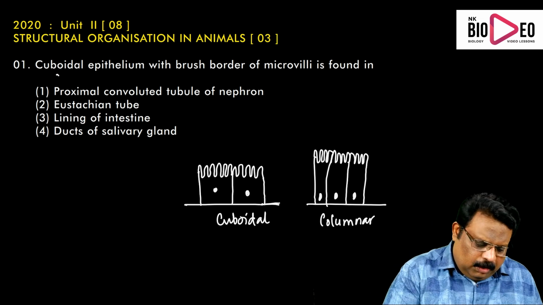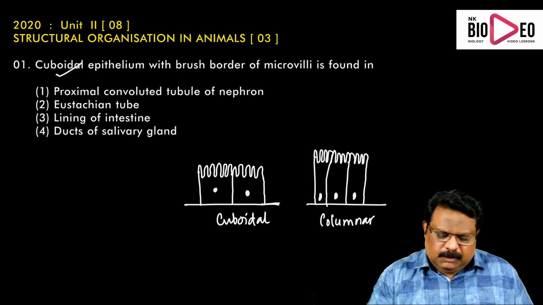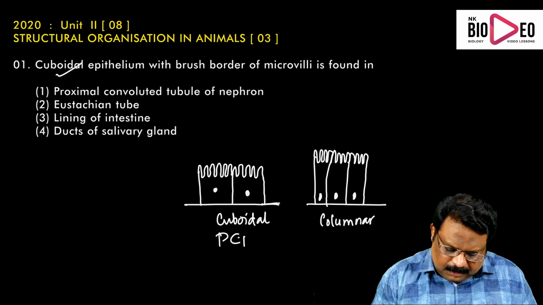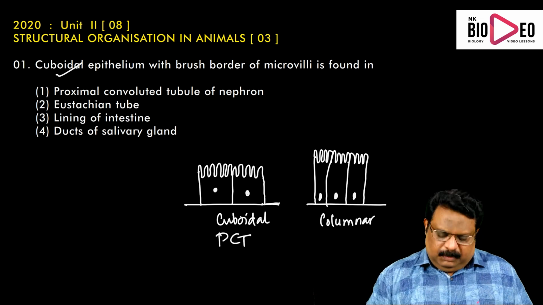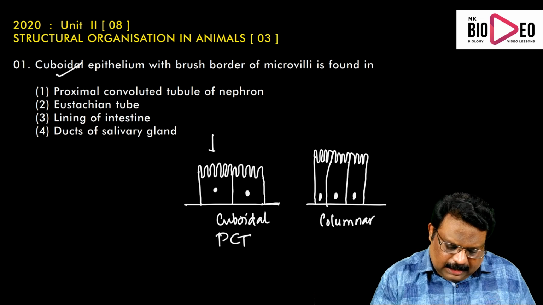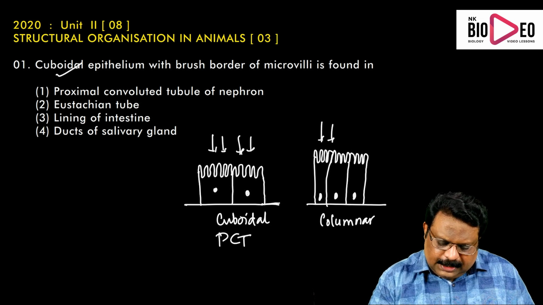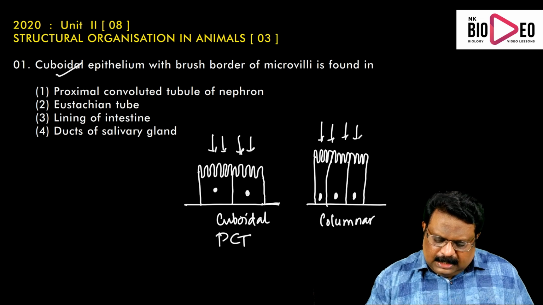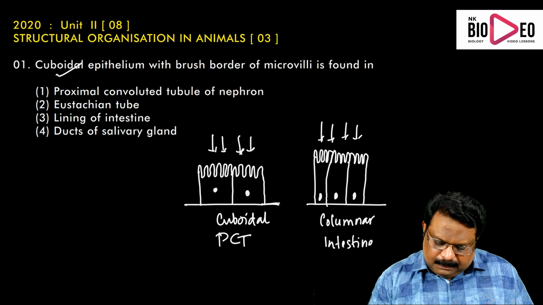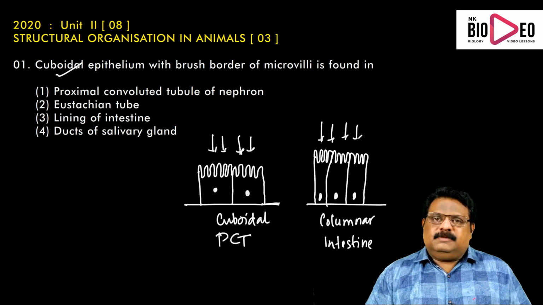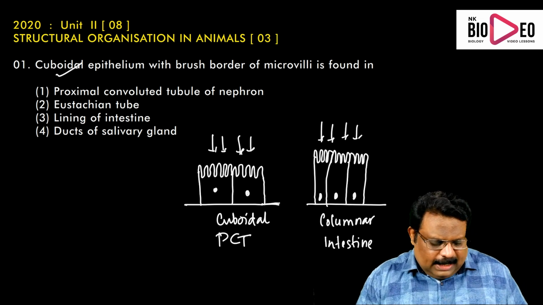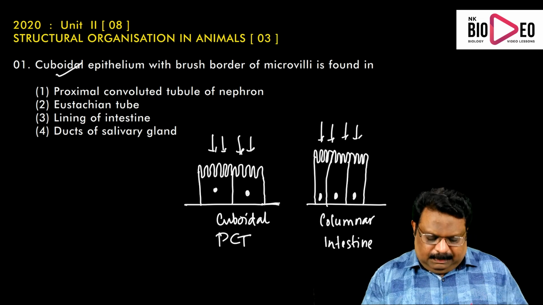The question is cuboidal epithelium, cube-like cells with the brush border of microvilli, that is present in PCT, proximal convoluted tubule. The microvilli are increasing the absorptive surface area. Here also the condition is same. But the columnar cells with the microvilli are present in intestine. Microvilli is present in both intestine as well as in the brush border of the PCT.